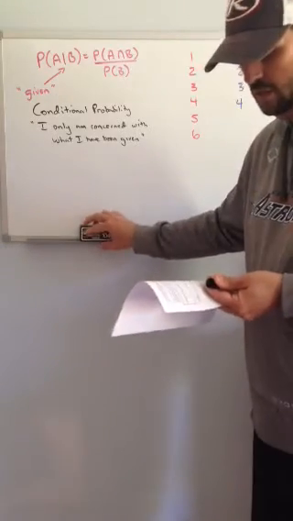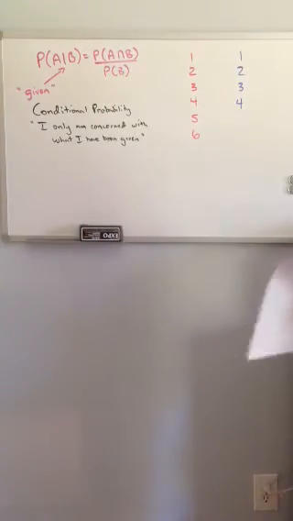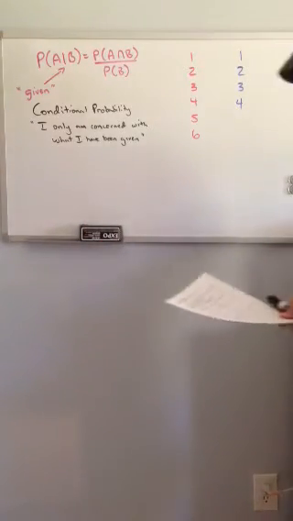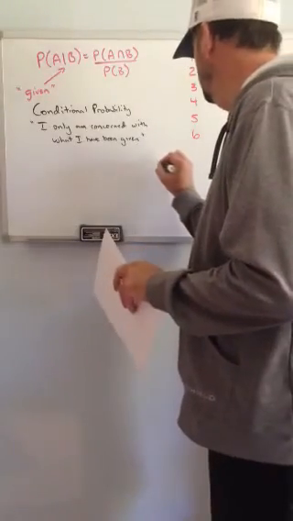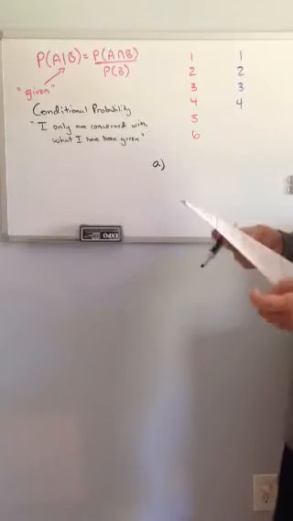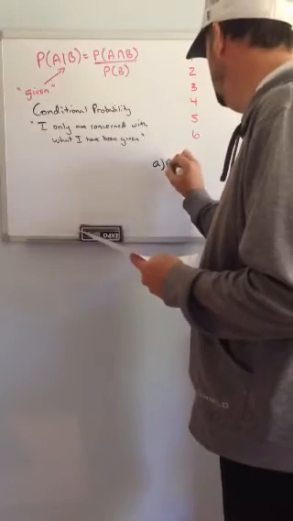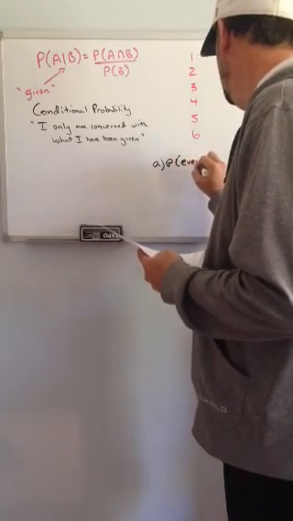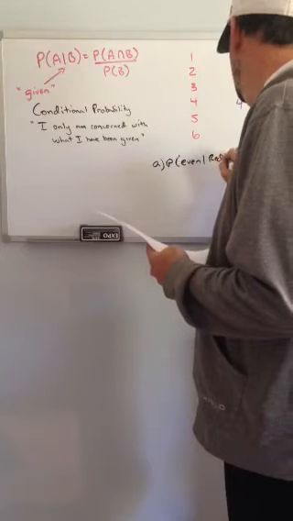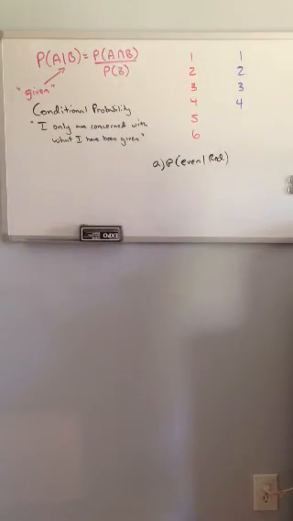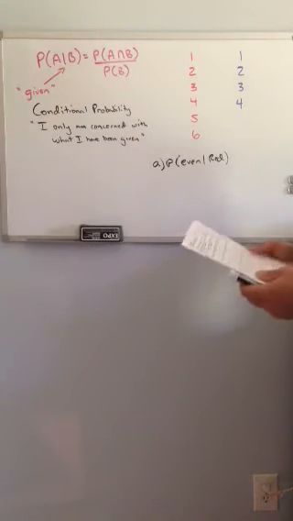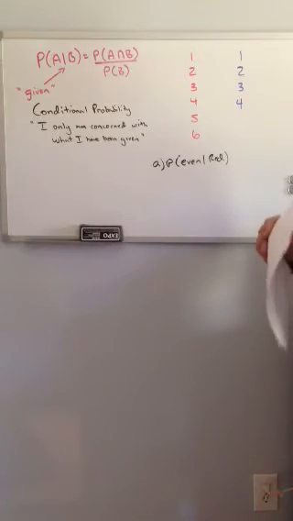So if we look at our examples, for the first one, number 2, part A, it gives us probability of even given that it's red. So once again, we're only looking at the pieces that are red. If we take every little piece of this, first is the probability of it being even and red.